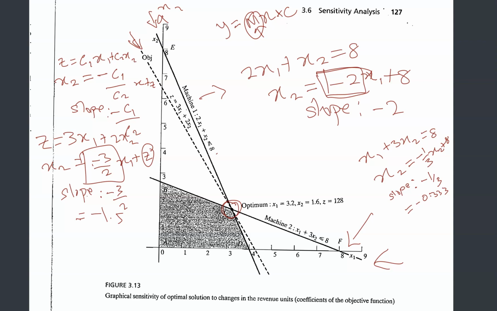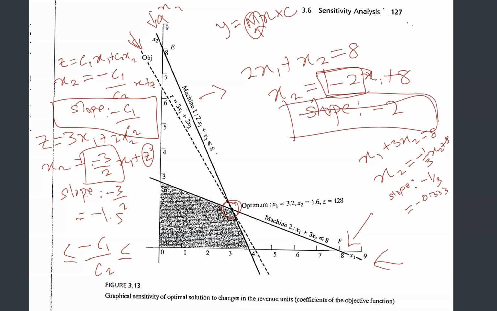So the slope of the objective function, minus c1 over c2, is between these two lines, so the slope is also between these two numbers: between minus 0.333 and minus 2.